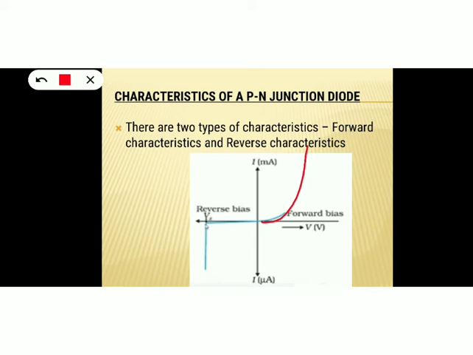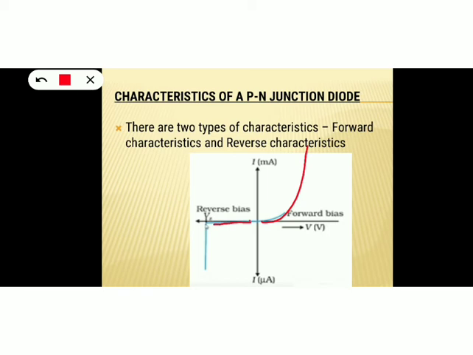Now what is the VI characteristics of the reverse bias? Initially, the value of current is very less with the increase in voltage. So here the voltage is increasing in a very small amount, and with that increase in voltage, the value of current I is also very less.